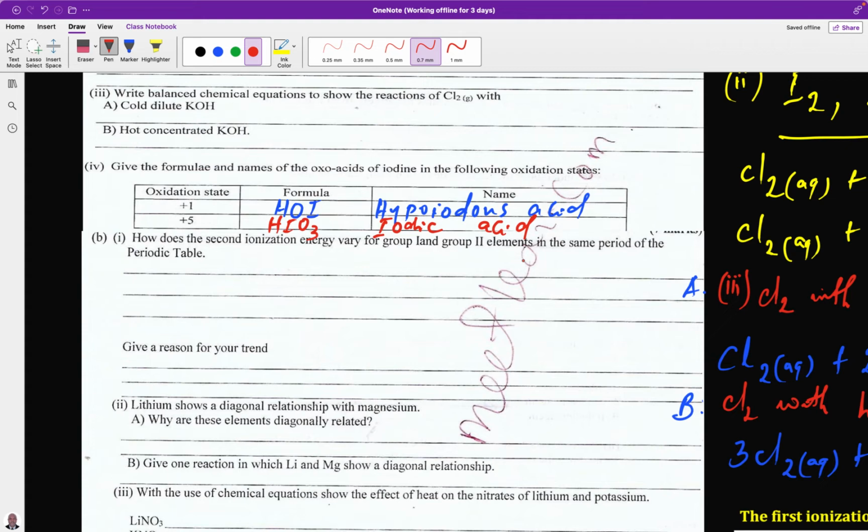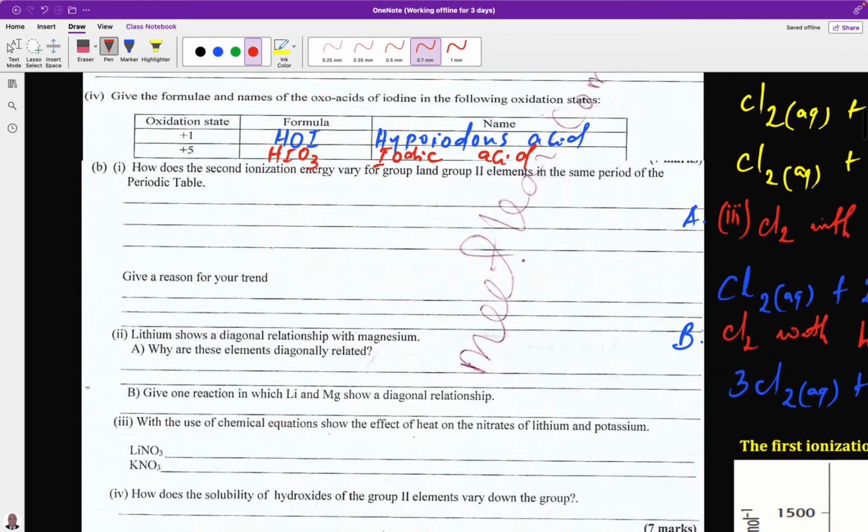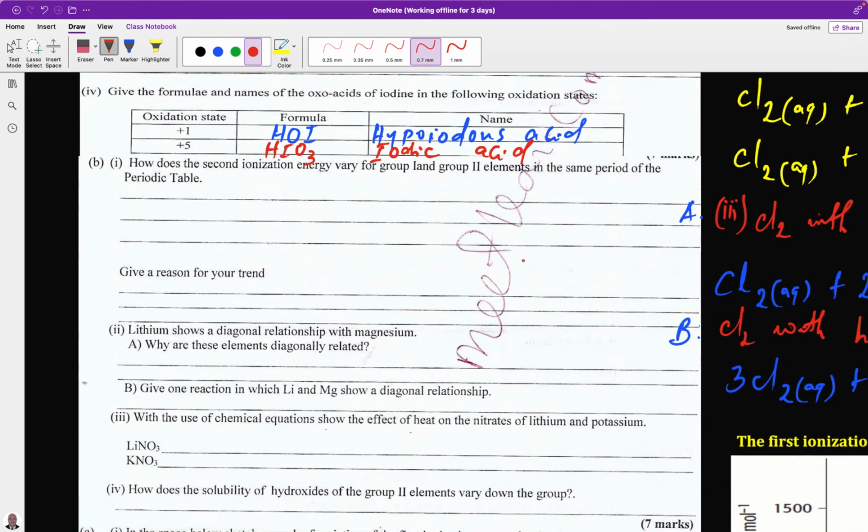So now it takes us to the B1 part. B1 part says, how does the second ionization energy vary for group 1 and group 2 elements in the same period of the periodic table?